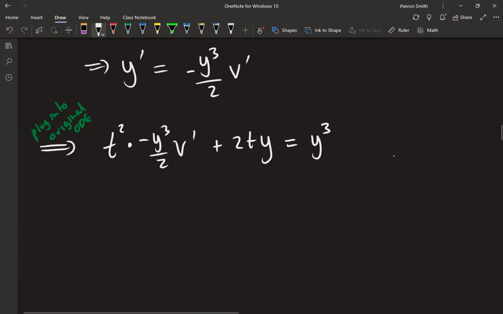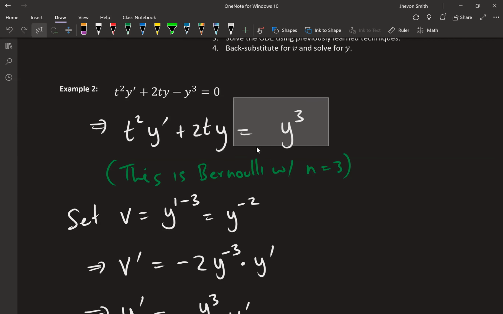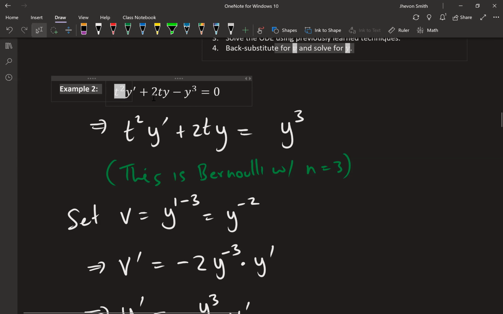Okay, and now look what happens when I divide by y cubed. What you normally do here is divide by y to the n. The y cubed was in the original; this was the given equation right here.